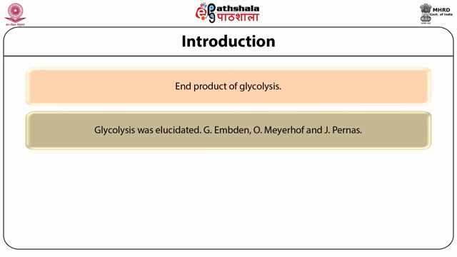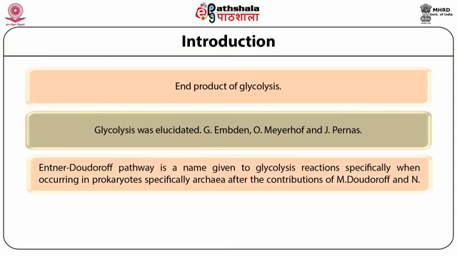Similarly, many other scientists like Neuberg, Warburg, and Cori have significantly contributed in shaping the present knowledge of glycolysis and its related biosynthetic mechanism in a cell. Entner-Doudoroff pathway is a name given to glycolysis reactions specifically when occurring in prokaryotes and archaea, after the contribution of Doudoroff and Entner.